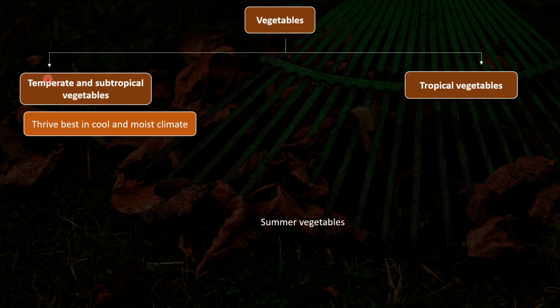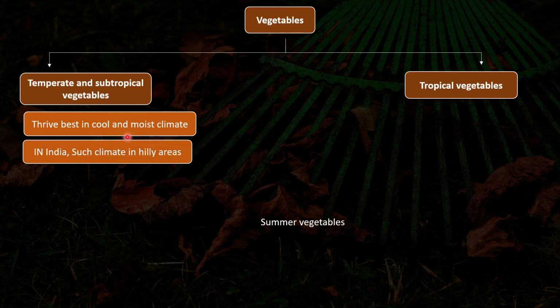Temperate mainly means a place where it is cold, and subtropical is something between temperate and tropical, right? So this is a place where cool and moist climate is required. In India, we can find such climate in hilly areas, in places like Himachal Pradesh, like Kashmir, right? So these are all cold places, right?